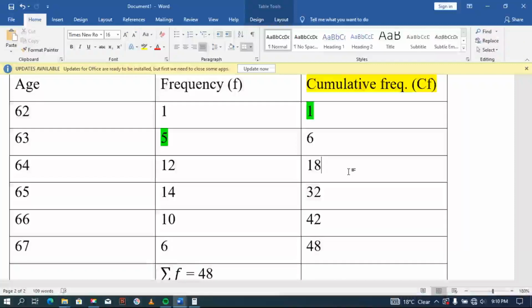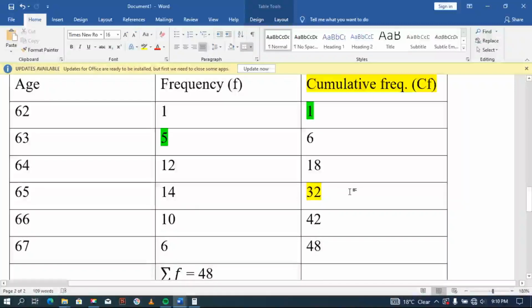The value just greater than 24 along this column is 32. So from 24 you go to 32.